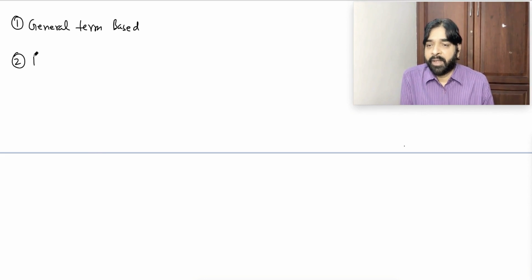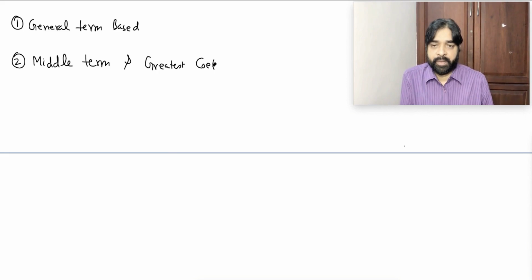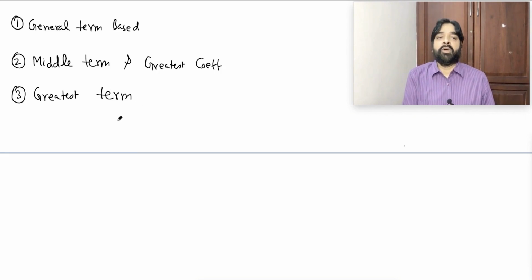Second will be middle term and greatest coefficient. This part we'll discuss today. Third will be greatest term. We have to talk about which one will be the greatest term.